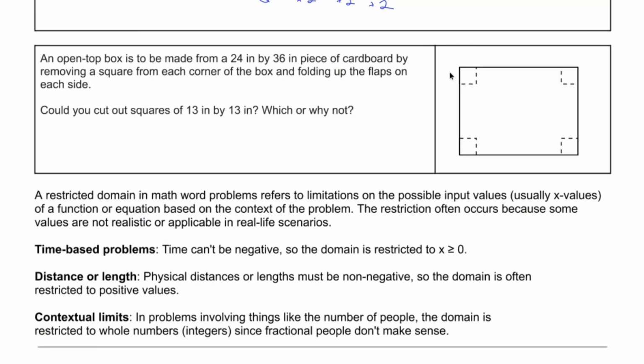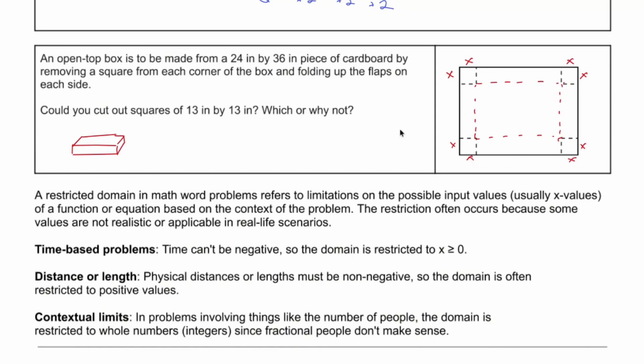So you remove a square, we'll call the length x, and you're going to cut the same exact size square from each corner. Then you fold along each line, and you end up making yourself a box that looks something like this. Ignore my terrible ability to draw.